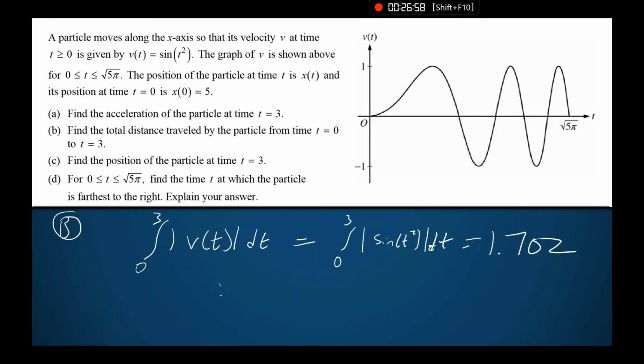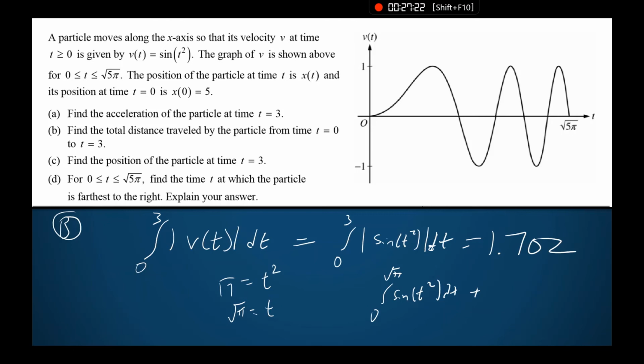So I'd have to say pi is equal to t squared, or t is equal to root pi. At this point, my sign will change from positive to negative.